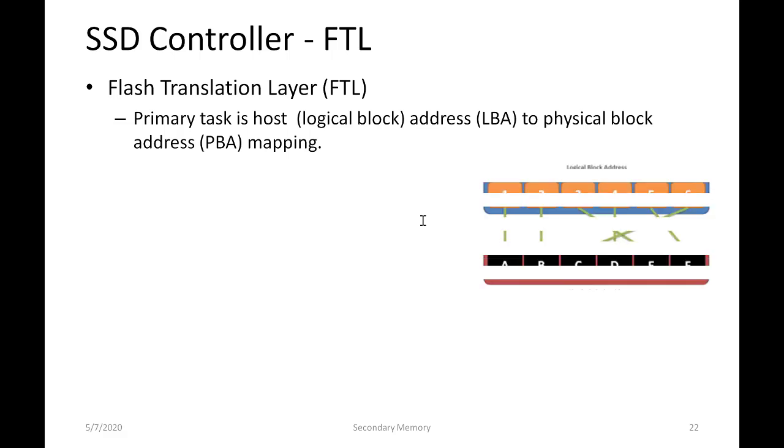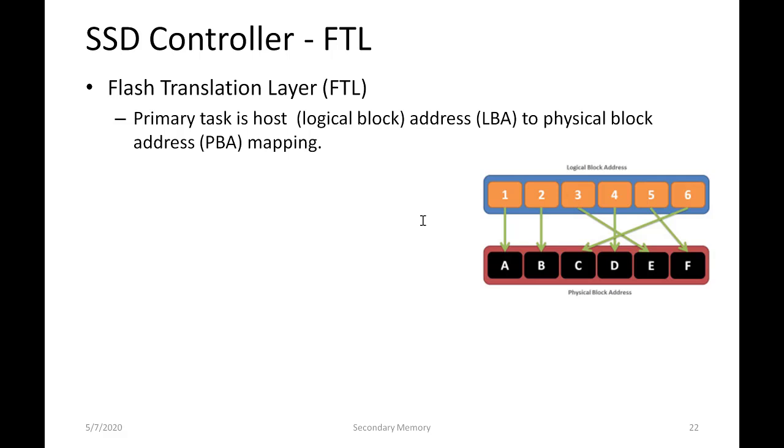So here, for example, if we have 6 logical blocks with addresses 1, 2, 3, 4, 5, 6, the block with address 1 can be mapped to a physical block with address A. Block 2 is mapped to B. Block 3 is mapped to E, and so on and so forth.